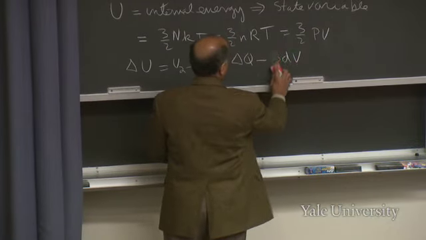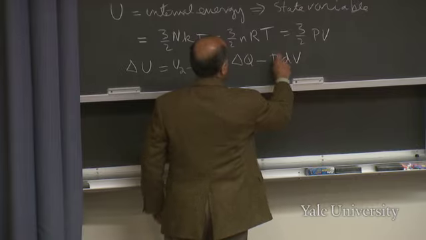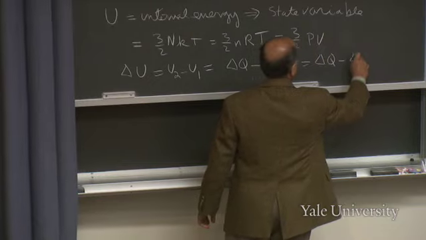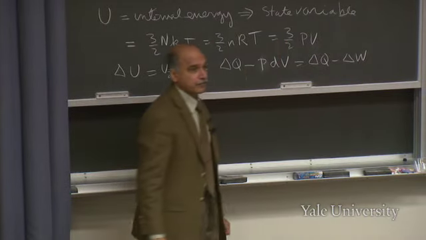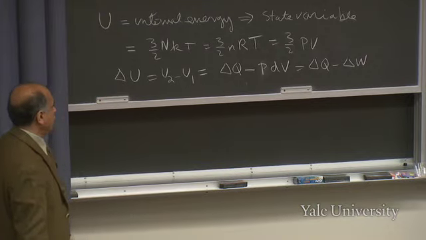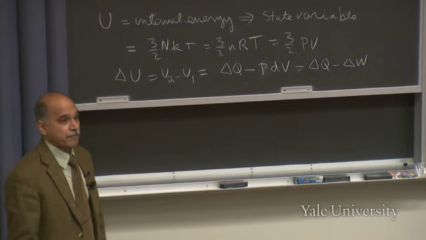Let me write it as capital P dV. So sometimes you write it as delta Q minus delta W. That's the first law. So you have to take some time to understand what it says.